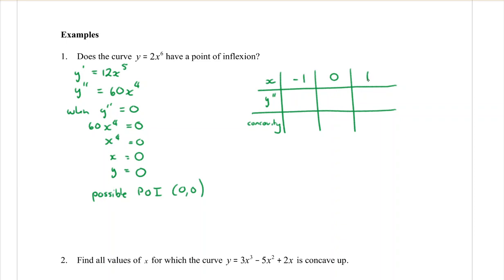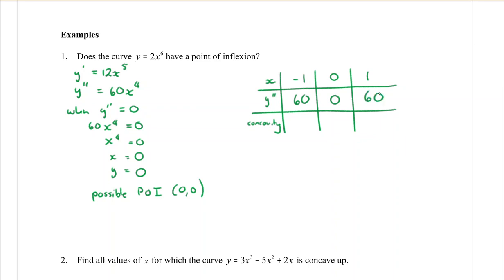If you sub -1 into the second derivative, it's going to be -1 to the power of 4, which is 1, times 60 is 60. The 0, if you sub 0 into there, it should be 0 because that's what we found. And if I sub positive 1 into here, I'm going to get 60 again.